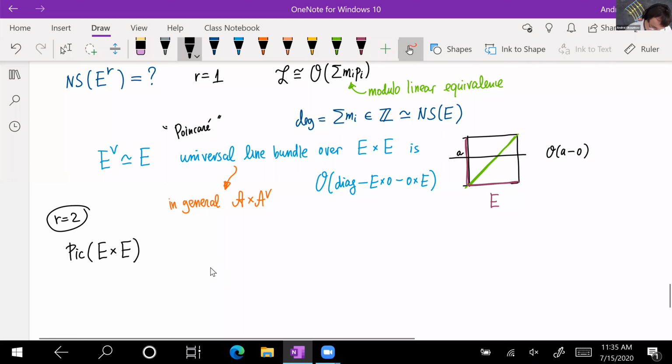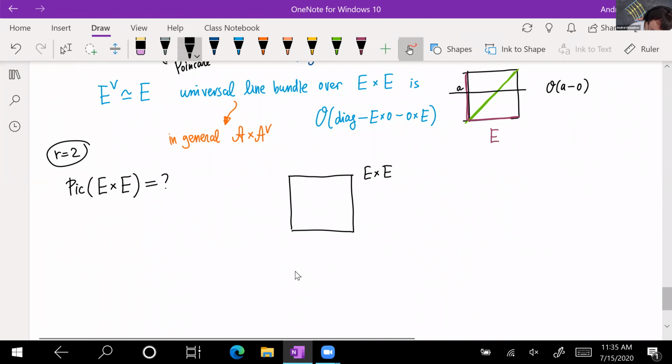And so, okay, in E cross E, so this may be a question mark. In E cross E, we have two things. So this is my E cross E, I already just drew it. And there are projections to each factor, we call them P1 and P2.